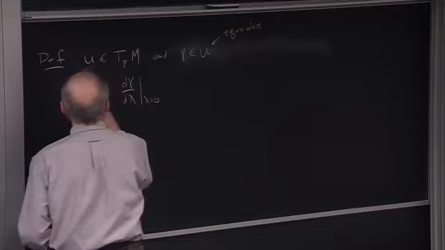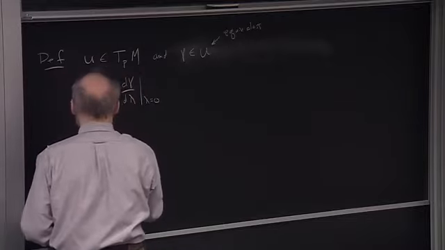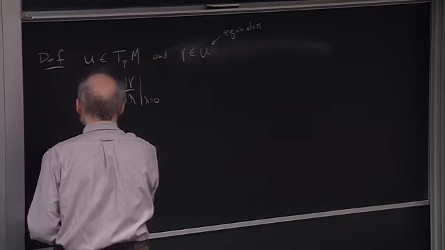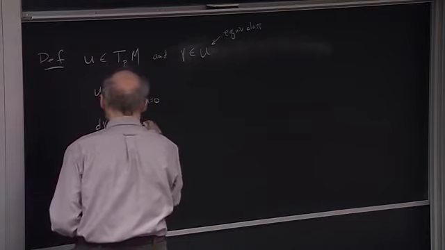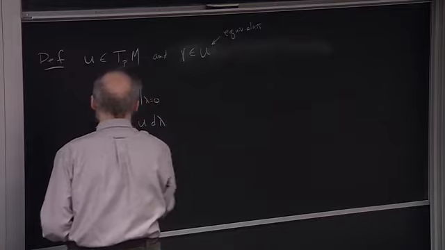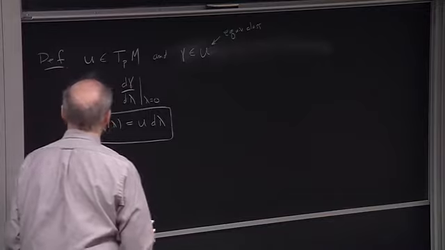Then we write it this way: U is d gamma d lambda, which I wrote. You also write gamma dot, and I'll also write d gamma of lambda is U d lambda. It would be useful to be able to write it in this form.